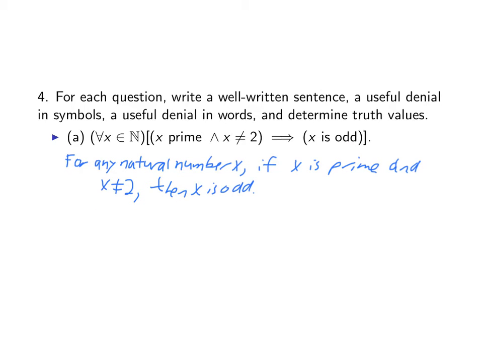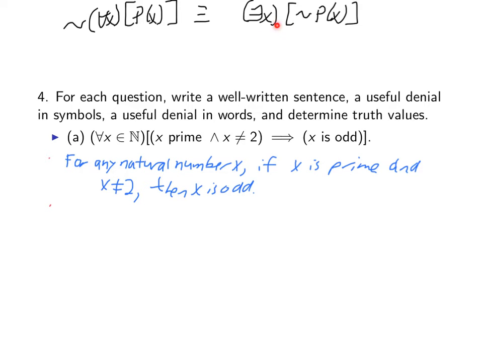x is odd. So as I've said again and again, the denial of an implication, well, we're actually not denying an implication, we're denying a for all statement and then an implication within it. So recall that a statement of the form for all x p of x, the denial of that is equivalent in a De Morgan type fashion, but not actually De Morgan's law, to there exists an x such that p of x is false, right?